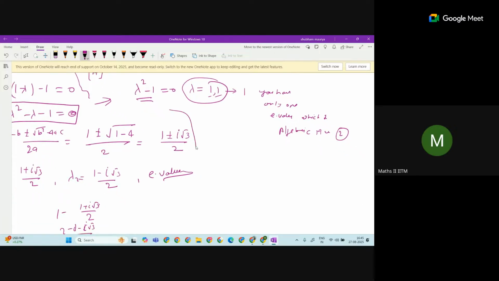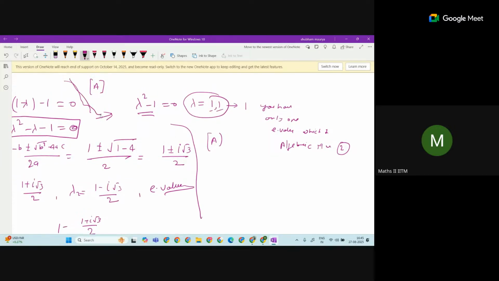Clear? Now, suppose you are proceeding with this matrix A, and you got eigenvalue 1.